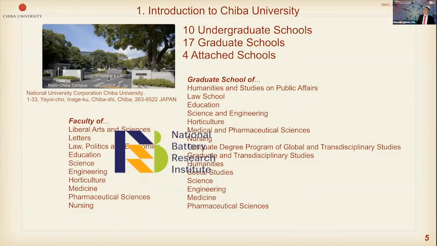That is not a good point, but our university is a little bit larger, I think. We have 10 undergraduate schools, like the Faculty of Liberal Arts and Sciences, letters, law, politics, economics, education, science, engineering, of course horticulture, medicine, pharmaceutical sciences, nursing. And 17 graduate schools, like here, and 4 attached schools. So many faculties and schools. So we can proudly say it's a university, not a college.